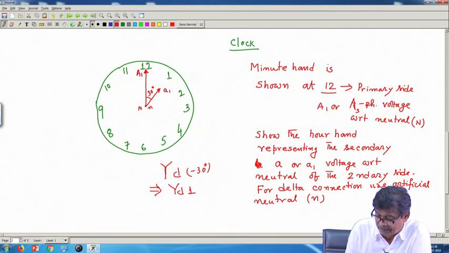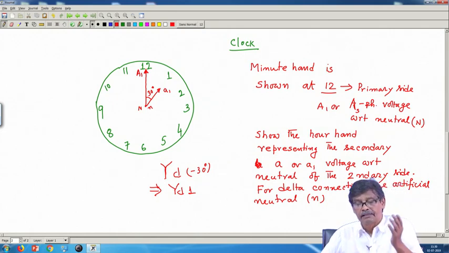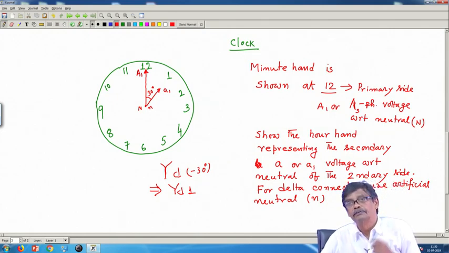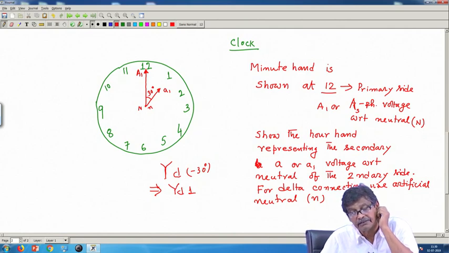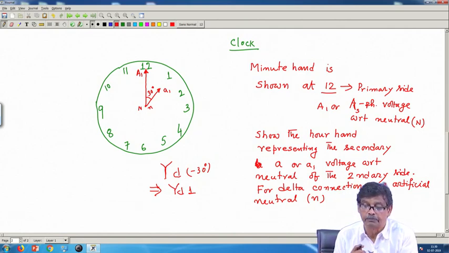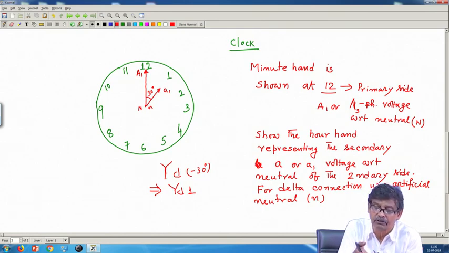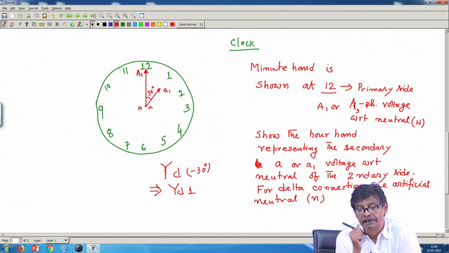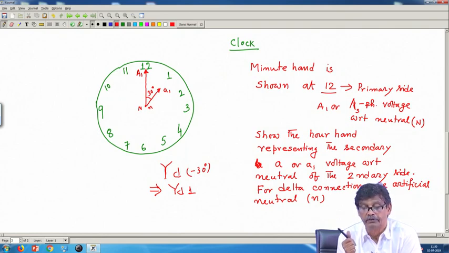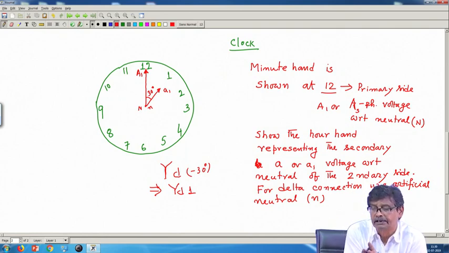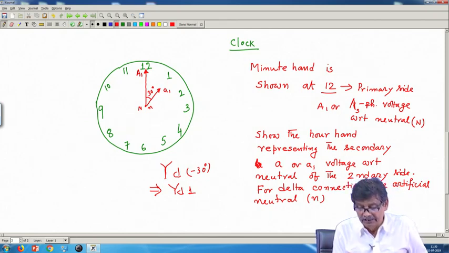This connection, Y D 1, simply means how the primary side voltage and secondary voltage of a particular phase, with respect to neutral, are displaced. Since the minute hand always represents the primary, the secondary voltage lags the primary voltage by 30 degree. Okay. So, this is the vector group.